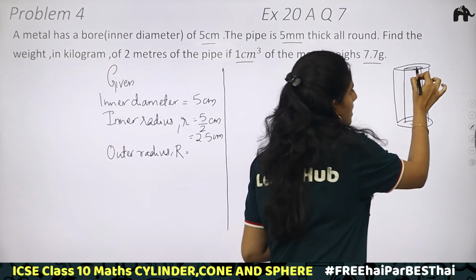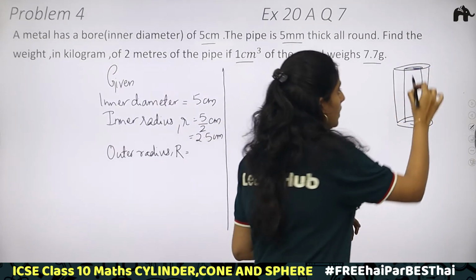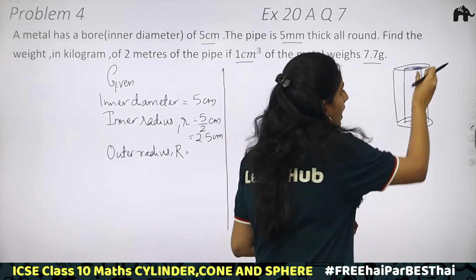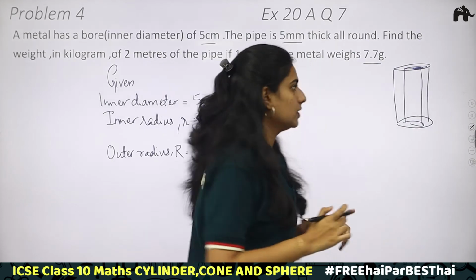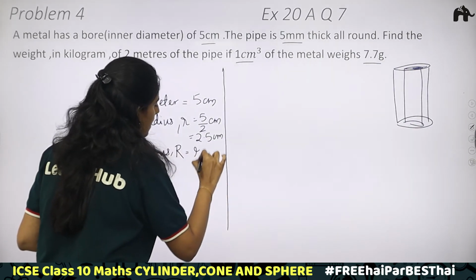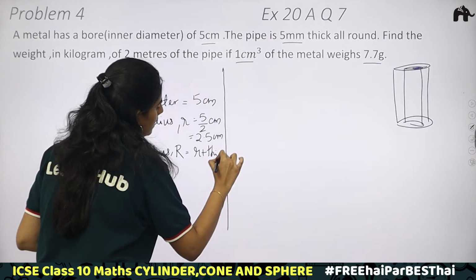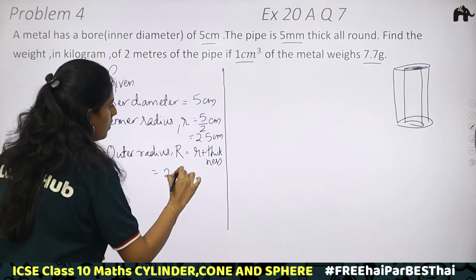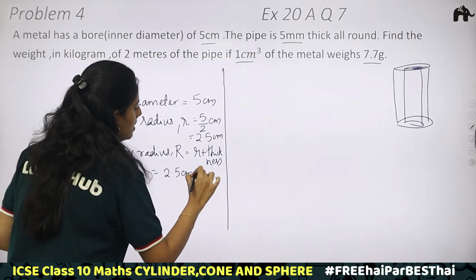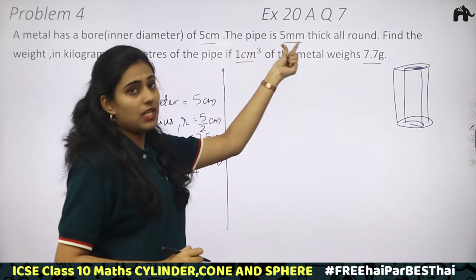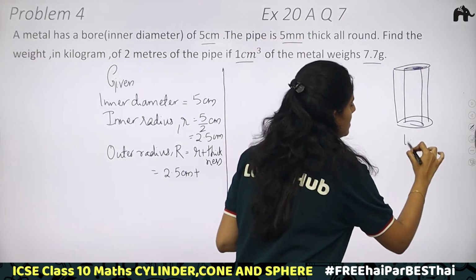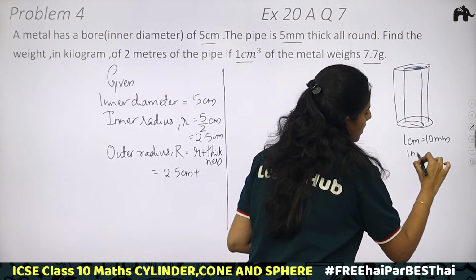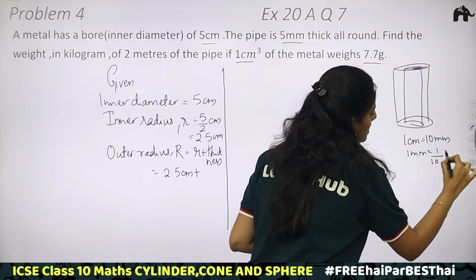Here, this is the inner radius. To get the outer radius, which is this total distance, we are adding the thickness of the pipe to it. It will be inner radius plus thickness. What is the inner radius? Inner radius is 2.5 centimeter plus thickness is given 5 millimeter. We have 1 centimeter is 10 millimeter, which means 1 millimeter will be equal to 1 by 10 centimeter.